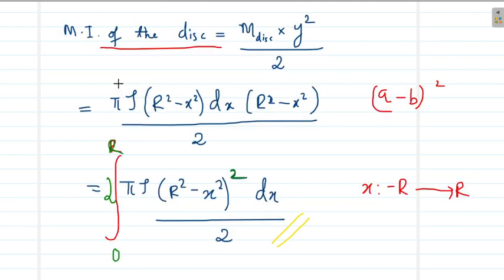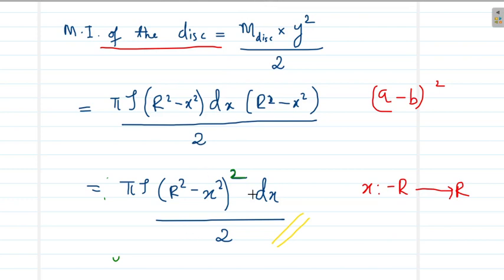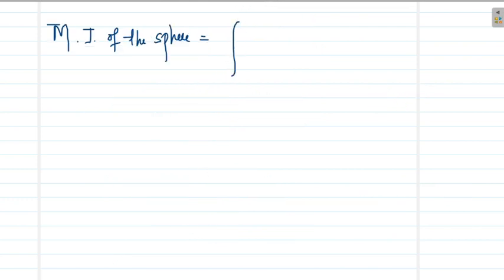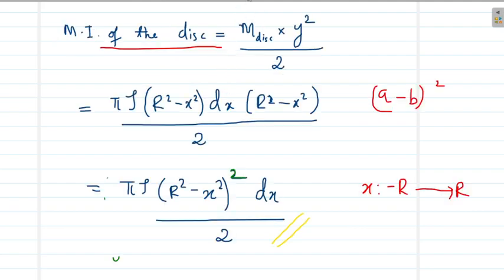So let me write. This is the moment of inertia due to disk. So no integration should be done here. To find out the total moment of inertia of the sphere, let us integrate this term from minus r up to plus r, or from 0 to r, and multiply by 2.